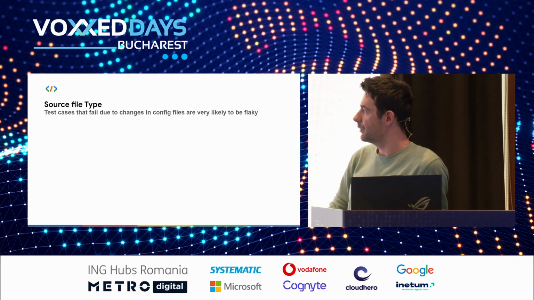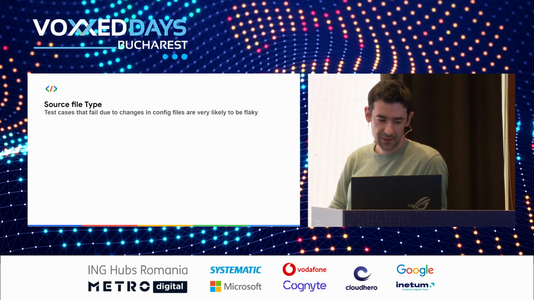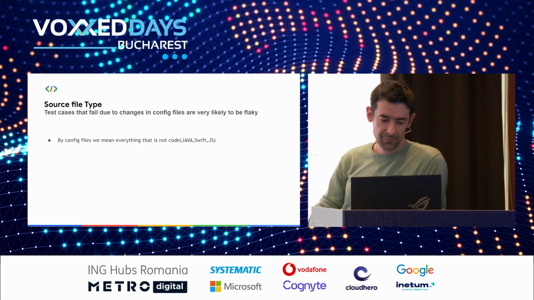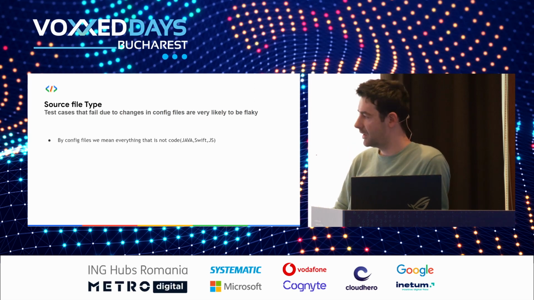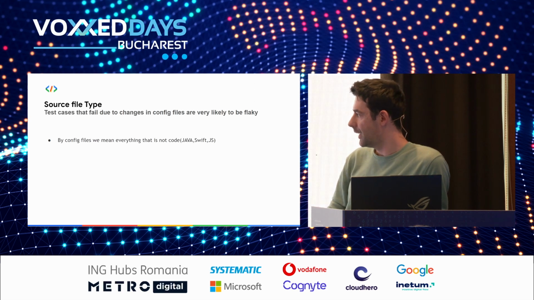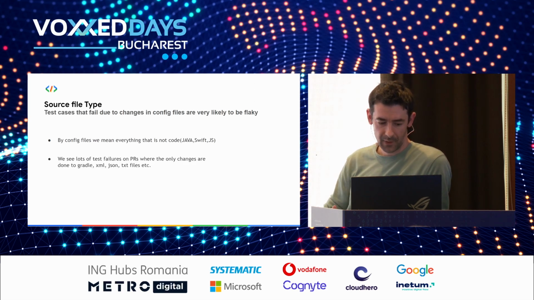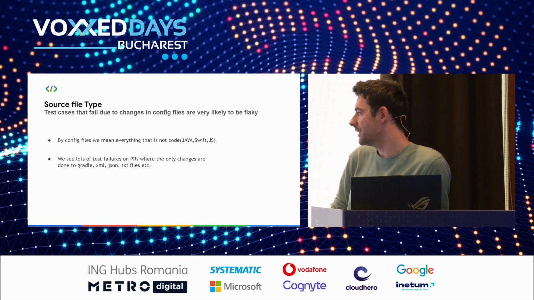The third intuition, which is source file type, says that test cases that fail due to changes in config files are very likely to be flaky. As we said, by config files, we mean everything that is not code, like Java, Swift, what have you. And we see a lot of pull requests, PRs, where the only changes are done to Gradle, XMLs, JSONs, or even text files.